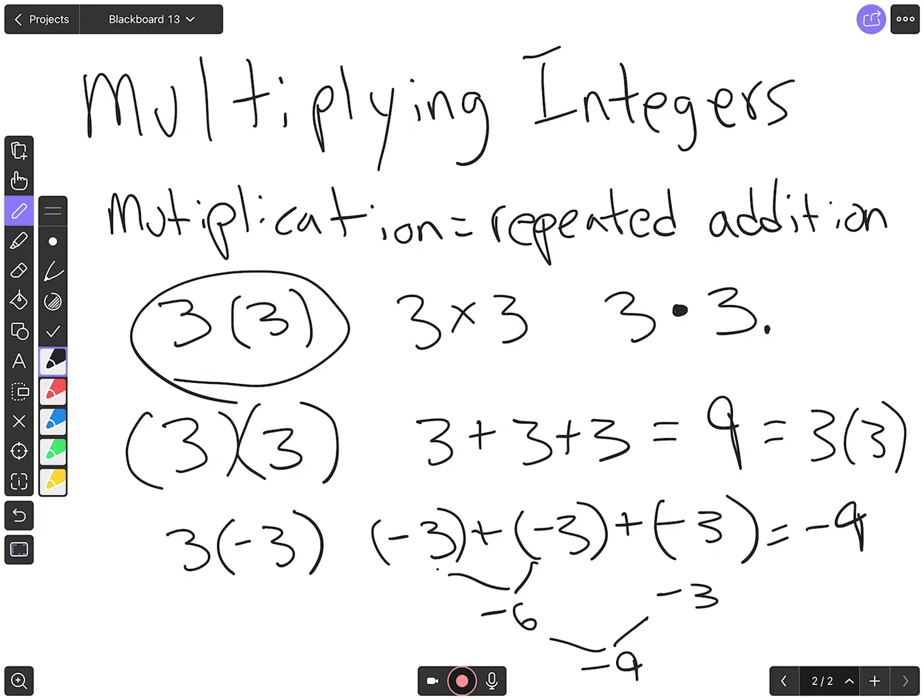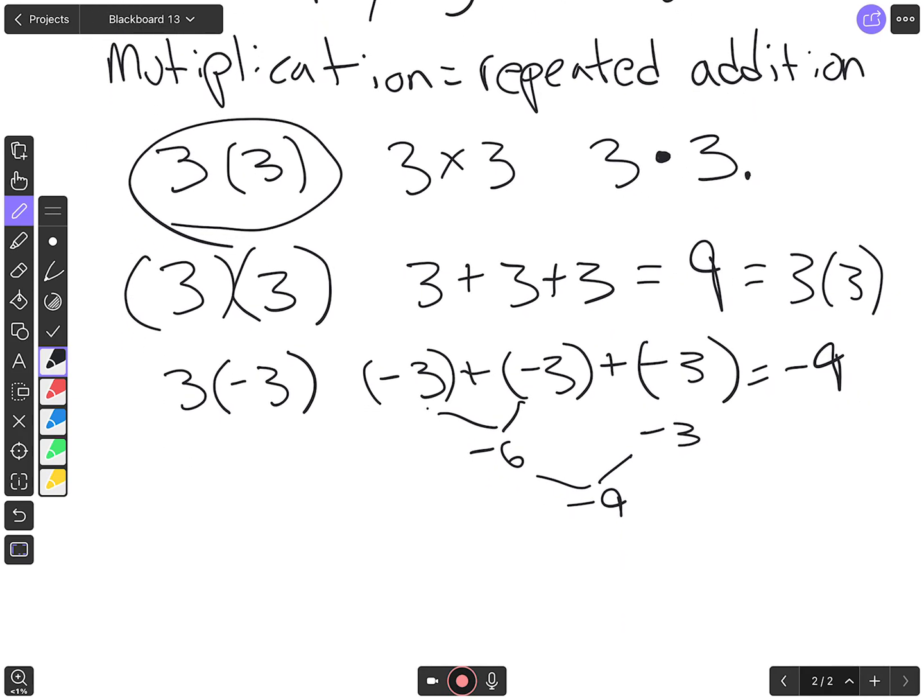it equals negative 9. So this is where it gets a little bit tricky, because you go, well, 3 times negative 3, why is that negative? Because we're adding the negative 3 times. So when we multiply a positive and a negative, okay, it's going to be a negative integer, okay, or a number if we're dealing with rational numbers, let's say, decimal points, fractions, etc. 3 times negative 3 equals negative 9.